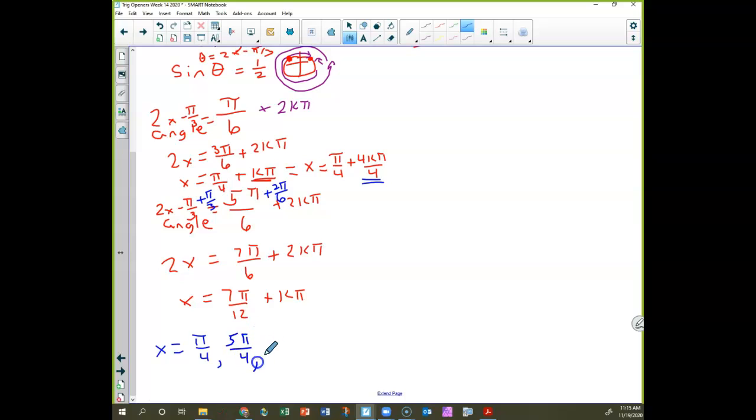I'm going to add my period, and 9 pi over 4 is a solution. 13 pi over 4 is a solution. I'm going to list all those until I get to something bigger than 2 pi. Well, 9 pi over 4 is larger than 2 pi. So while 9 pi over 4 is a solution to this equation, it doesn't fit between 0 and 2 pi.